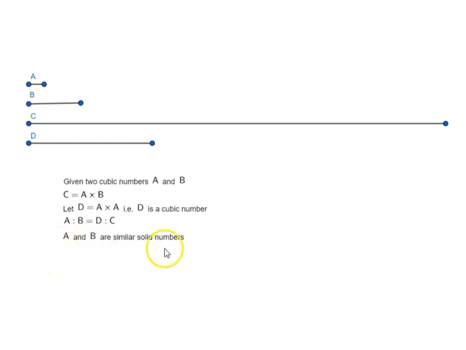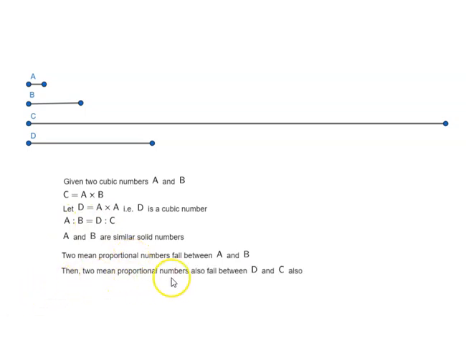Okay, now since A and B are similar solid numbers, we know it means that there are two mean proportional numbers falling between A and B. And because A is to B equals D is to C, this means that two mean proportional numbers also fall between D and C. And we have seen that if two mean proportional numbers fall between two numbers, then if one of them is a cube, the other is also a cube.